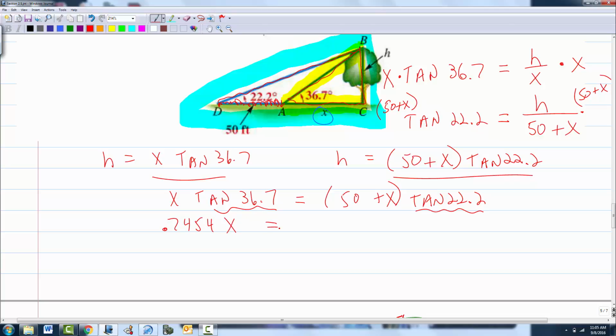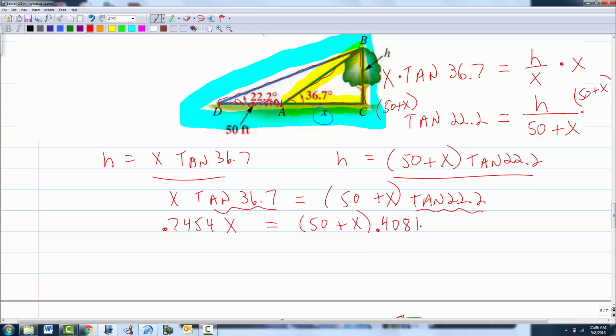X equals, let's leave this as 50 plus x, and then take the tan of 22.2 to 4 decimal places. Hopefully you rounded correctly. We'll assume you did. Then what do I do?